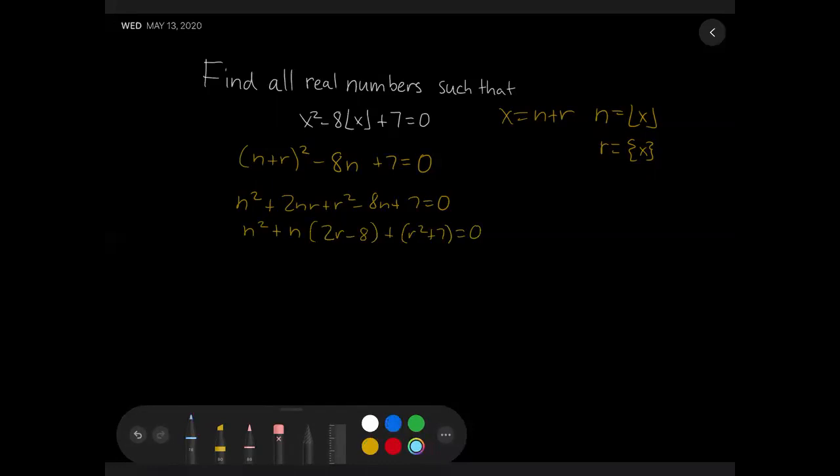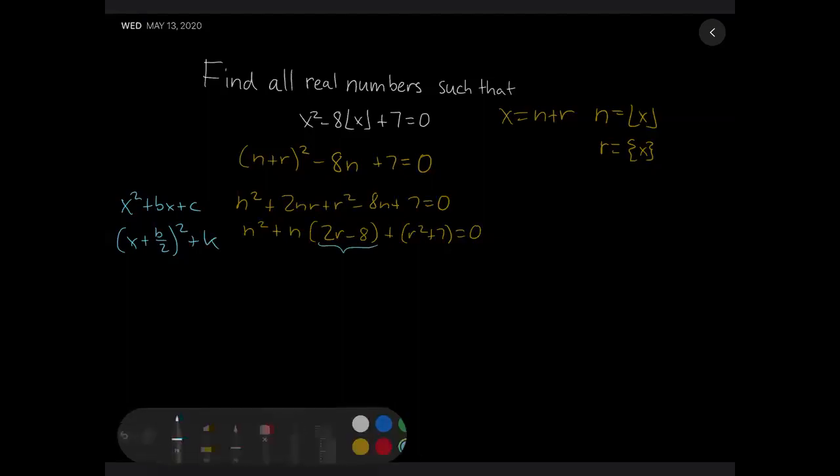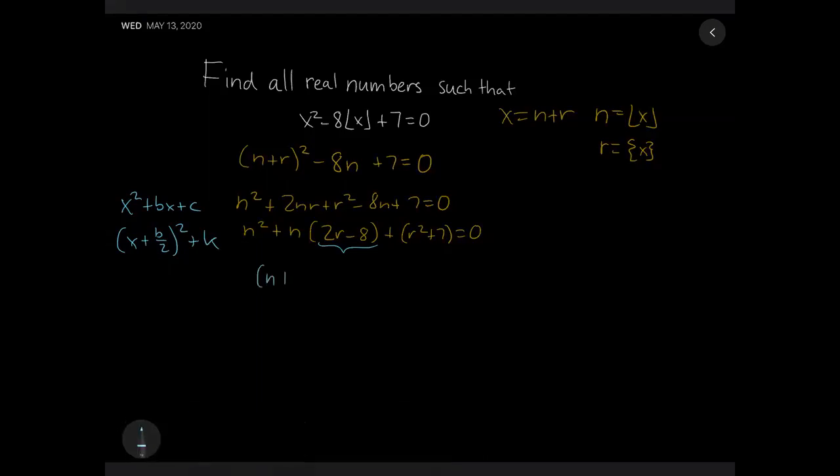Now completing the square, let's say we had x^2 + bx + c. This is going to become (x + b/2)^2 plus some constant k, right? So our b is 2r minus 8. So b/2 is going to become r minus 4. So that's going to become (n + (r - 4)).